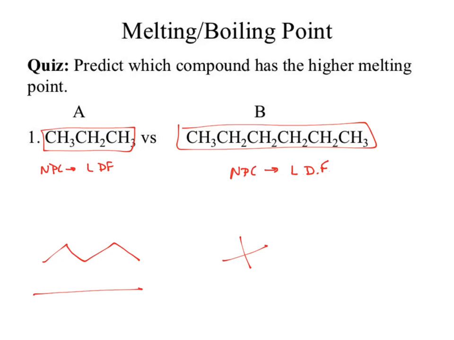Why are you saying the one on the left? The one on the right has 5 points too, right in the middle. They have the exact same number of atoms, the exact same force. How would we decide which one has the higher melting point?